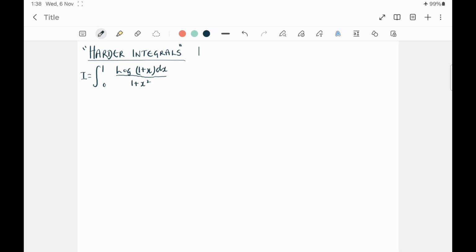So the first thing we do here is use a substitution, x equals tan theta, and then that will give us dx equals 1 plus x squared d theta. That looks a bit hopeful.